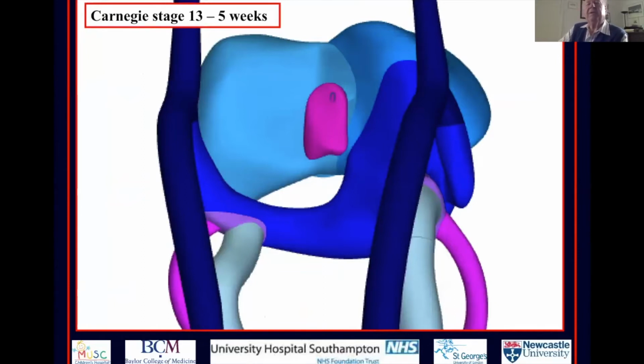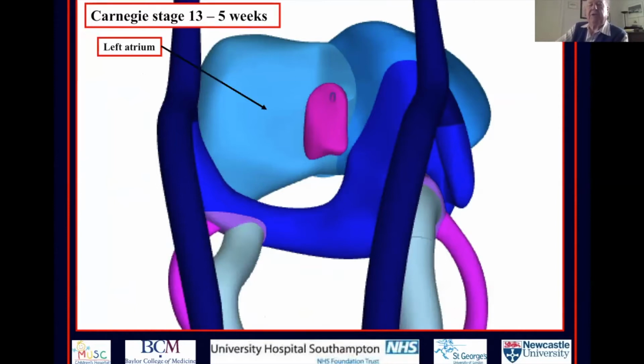Now this is a comparable reconstruction made just one stage later. And you see now the fundamental change that takes place during development of the venous pole of the heart.